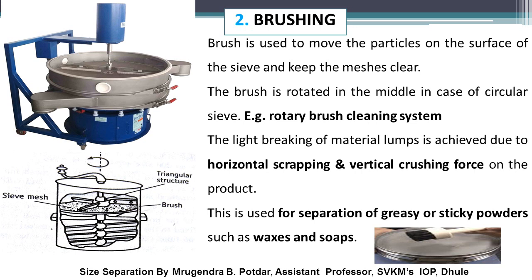So the brush is used to move the particles on the surface of the sieves and keep the mesh clear. The brush is rotated in the middle in the case of circular sieves. For example, the rotary brush cleaning system. The light breaking of material lumps is achieved due to horizontal scraping and vertical crushing force on the product.